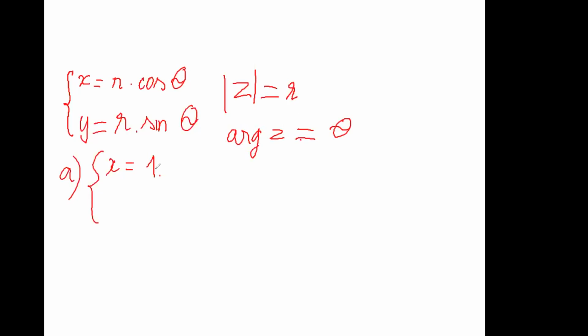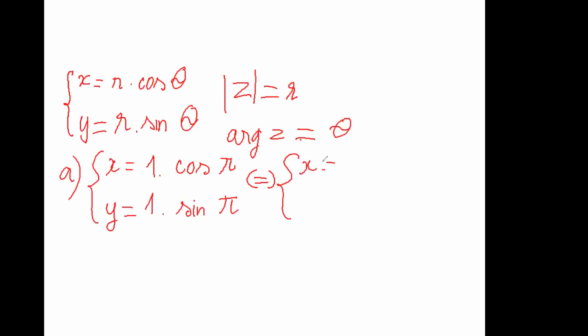The first one is 1 times cosine of pi. y is 1 times sine of pi. So then we have x is -1 and y is 0.